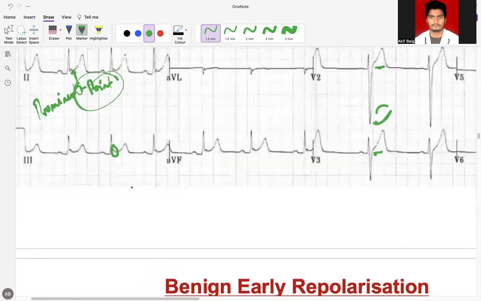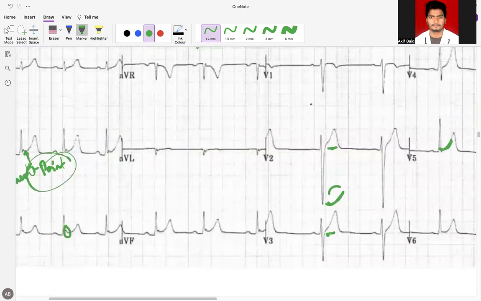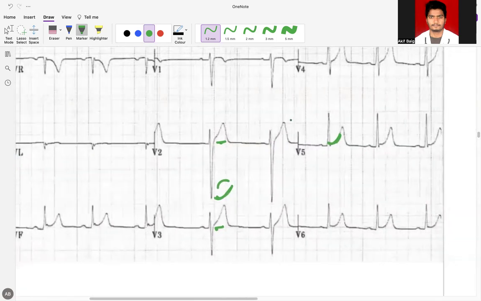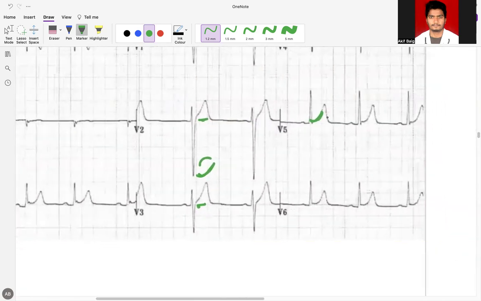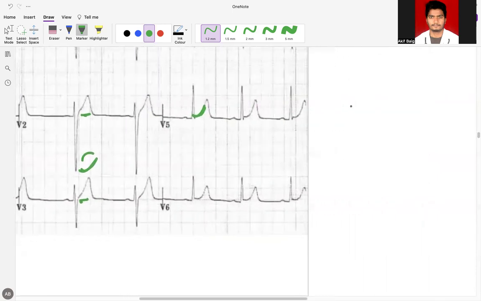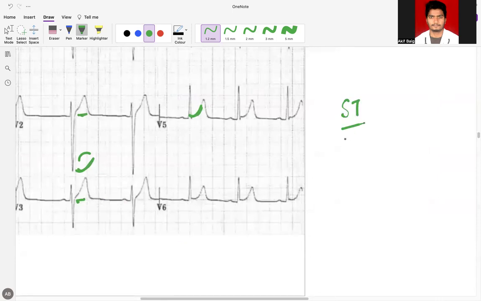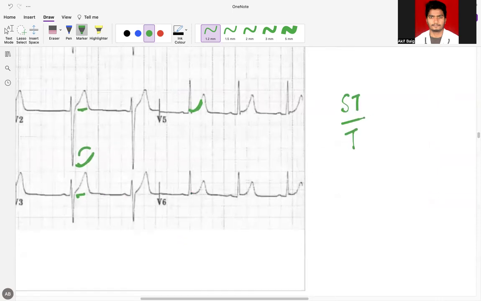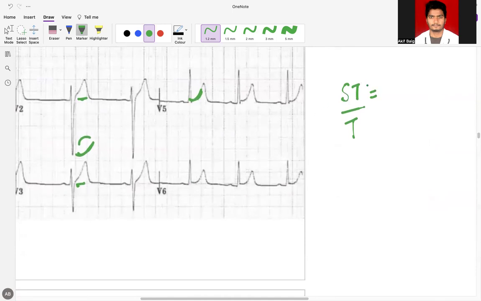Sometimes these characteristics are similarly seen in pericarditis. So how do we differentiate pericarditis from this? Because in pericarditis also there is a J point and concave ST elevation. The important thing to remember is the ST by T wave ratio. Suppose you see an ST elevation of 1 millimeter, and you take into consideration the height of the T wave, which here is almost 7 millimeters.